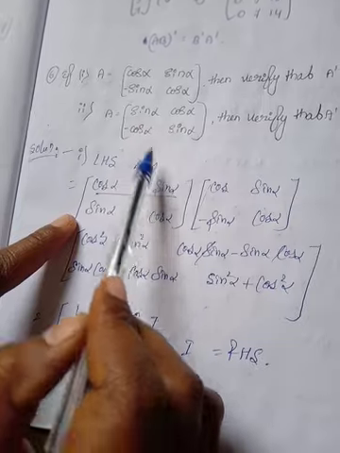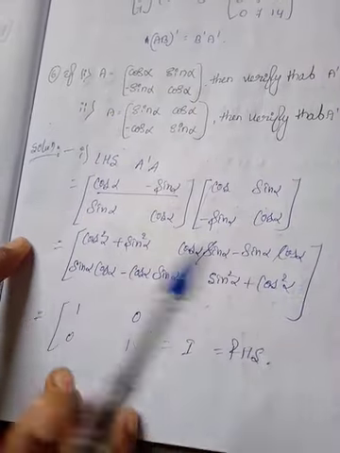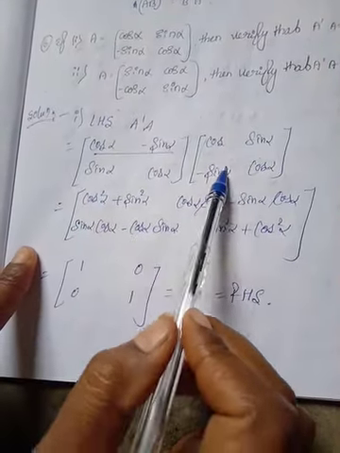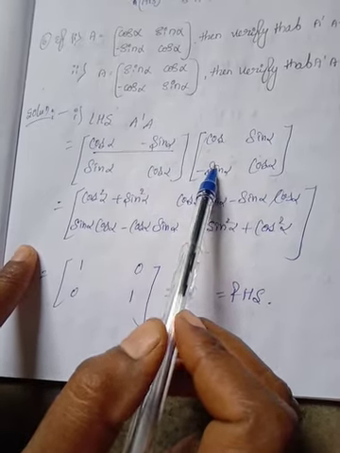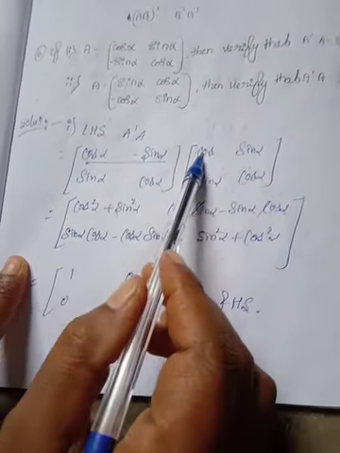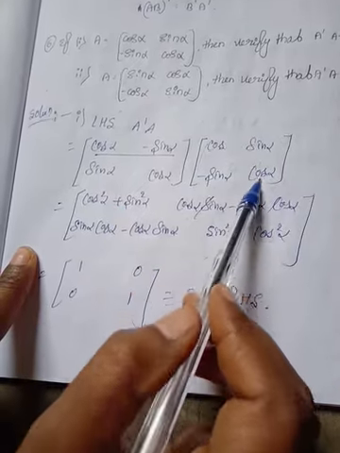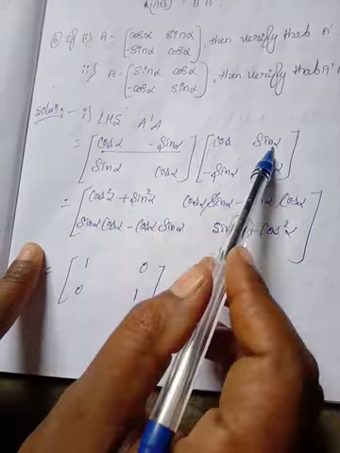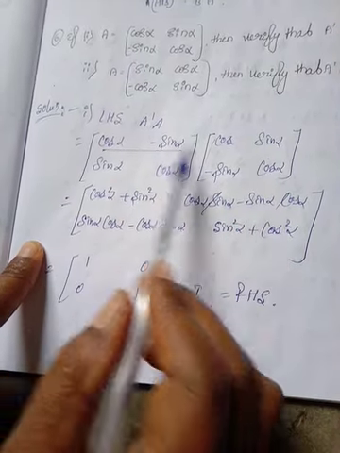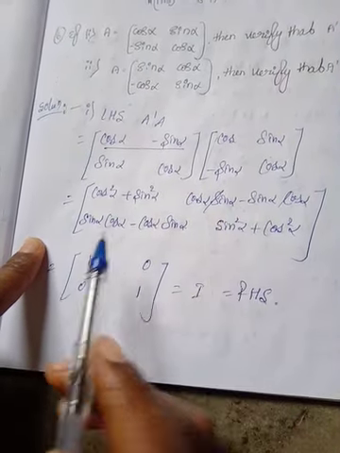Then write the A matrix as it is. Now take the product of these two matrices: first row first column, first row second column, second row first column, second row second column.